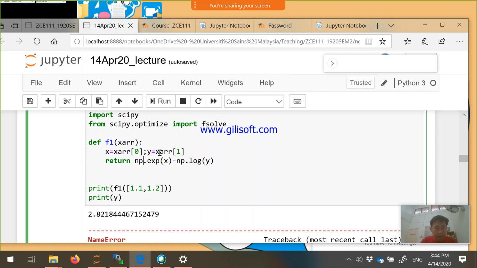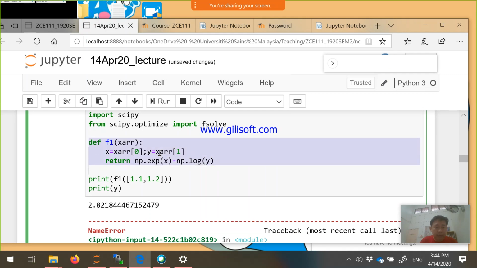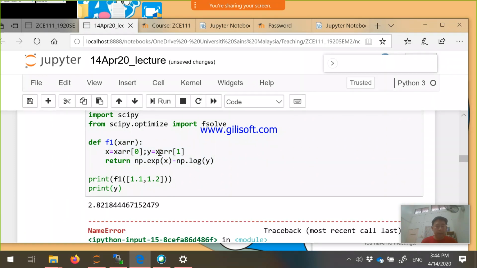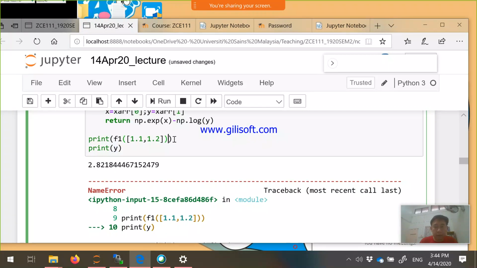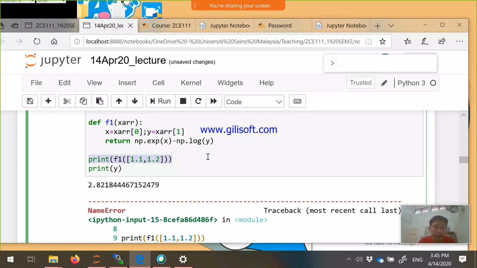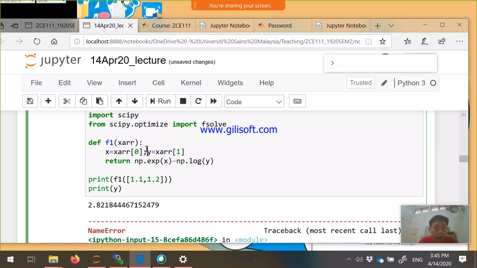Outside the function f1, if you try to print out the values of y, it will not be possible. See, I try to print out y, no, it doesn't give me, it only gives me this value. So try to understand the idea of local variables. X or y that's being calculated here would not be passed outside this function. This is what I try to tell you.